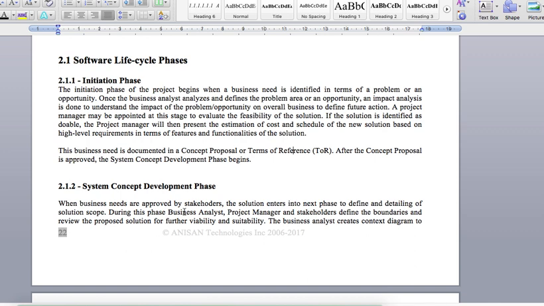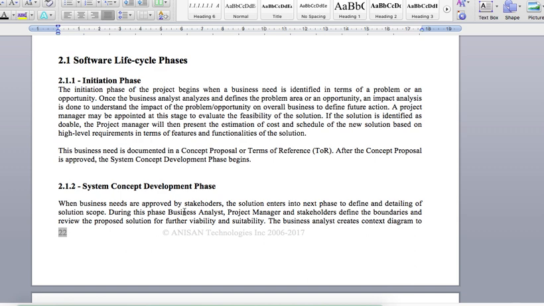In this case, I want to mention that terms of reference is a lot more detailed than the business need document, because in the terms of reference document you may also include other areas, for example the governance, the stakeholder names, the problem area, and the possible solutions, or how it will be implemented at a very high level. Okay.